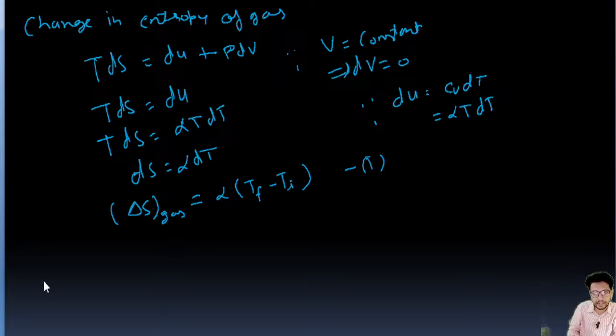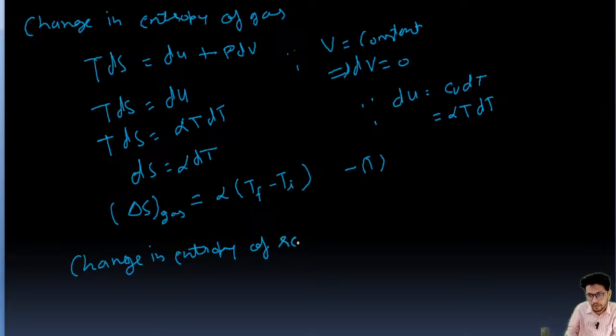So the change in entropy of the reservoir, that is at constant temperature Tf, is going to be from here, this one, right?